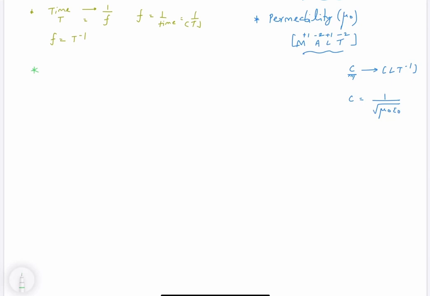You have angles, even numbers, constants like pi, e, and so forth.